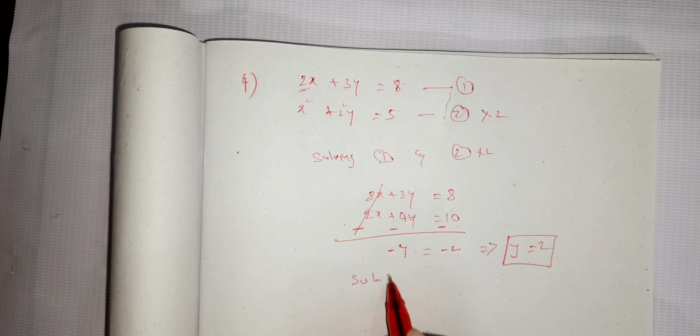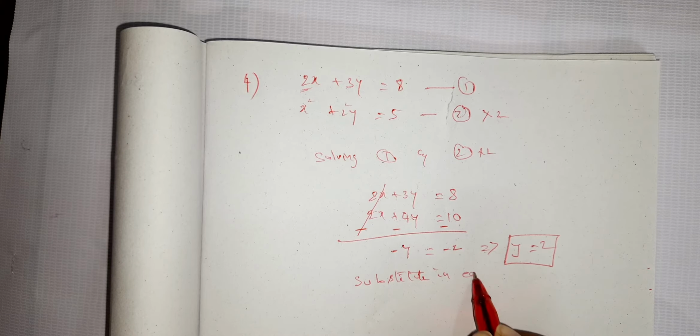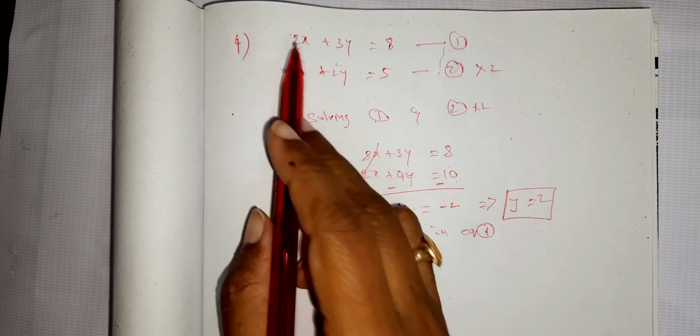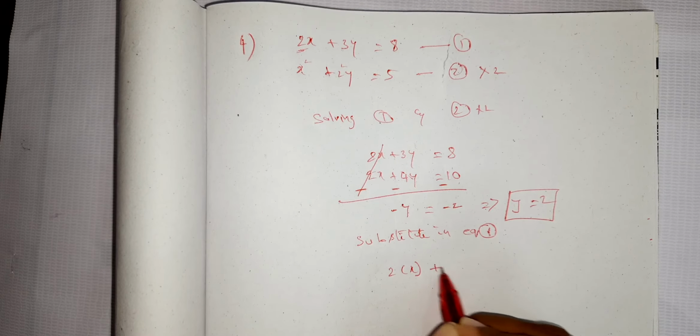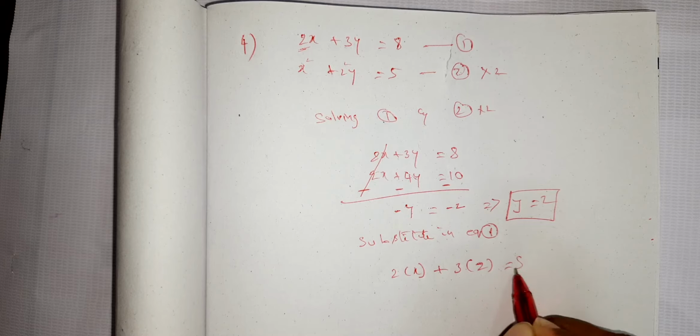Y is equal to 2. Substitute this in equation 1 or 2, your wish. Right. So therefore you will get 2 into x plus 3 into y, where y is 2, is equal to 8.